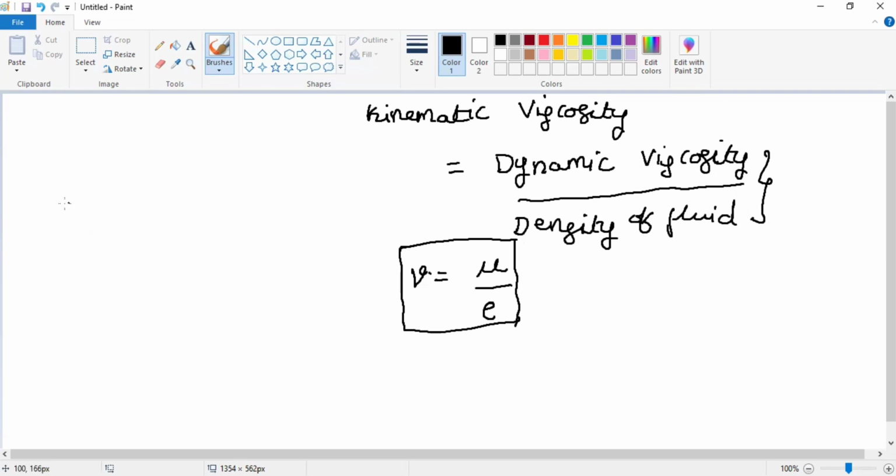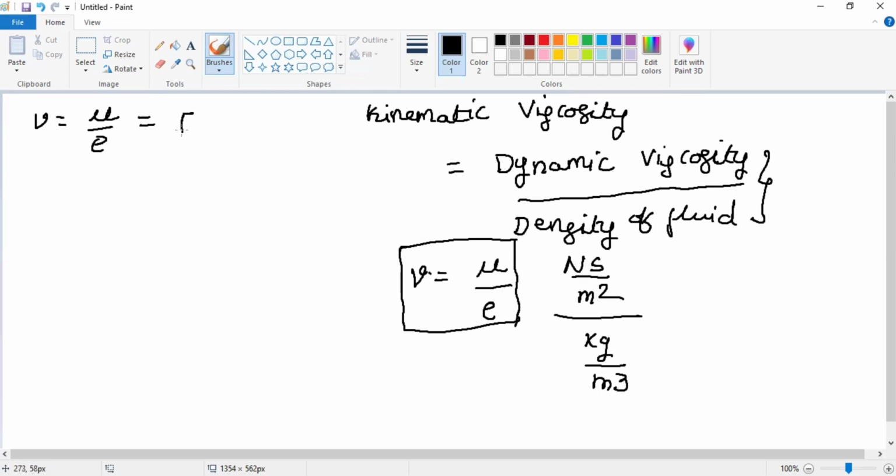To find the units, I'm considering nu equal to mu by rho. Mu has the units of Newton second per meter square, and the density has units of kg per meter cube. To know the units, I'm considering dimensions.